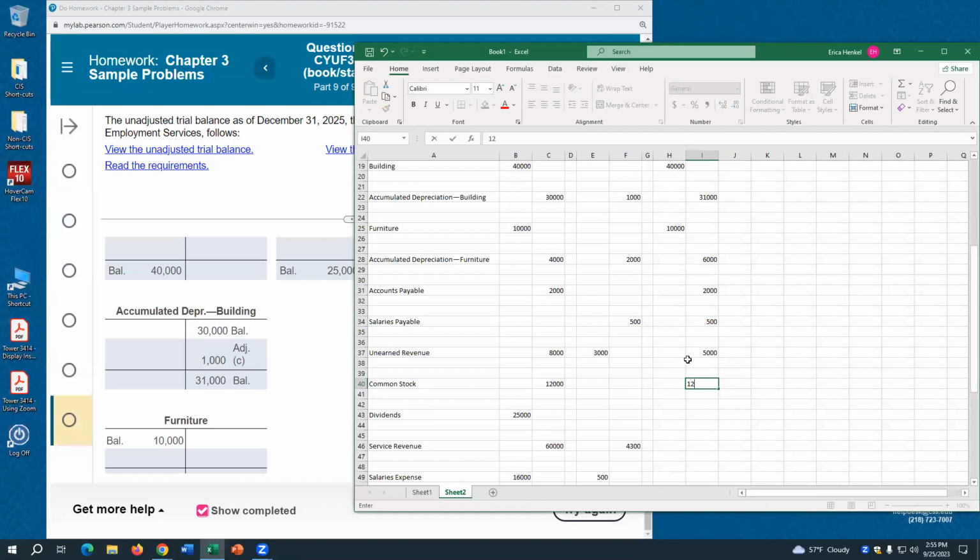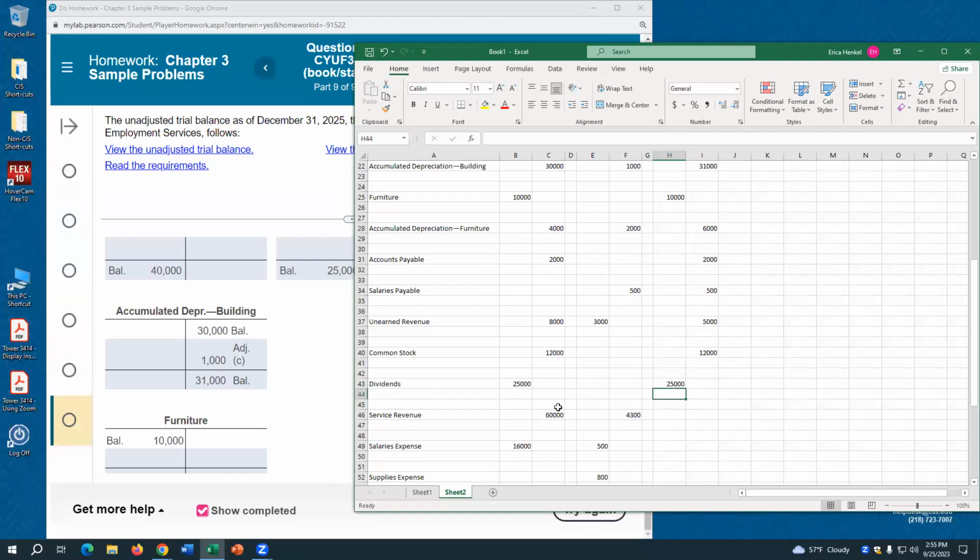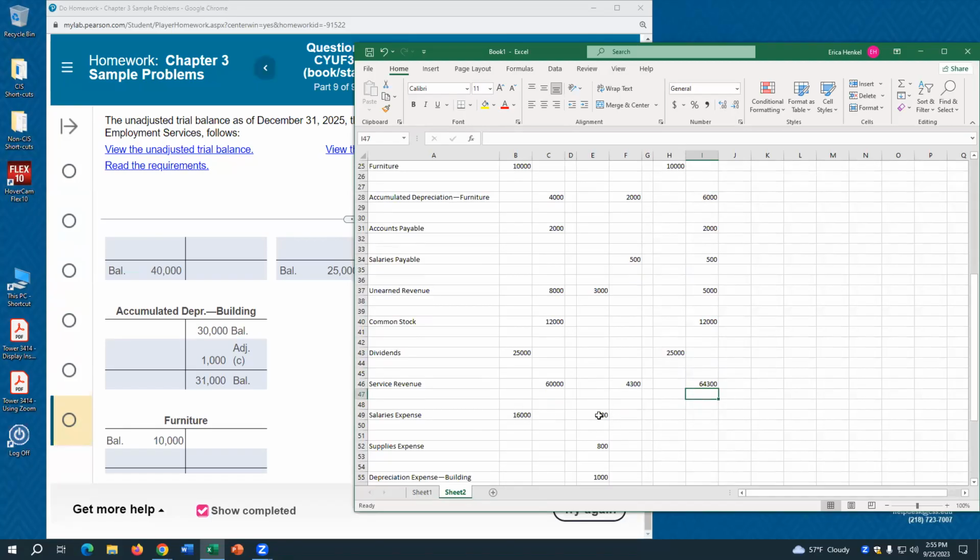No adjustment here, so we just carry it over. No adjustment. Here we had 2 credit columns, so 60,000 plus 4,300. So 64,300. A debit and a debit here, so adding those together for 16,500.